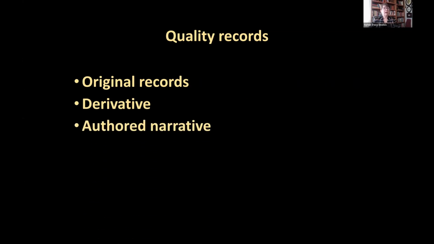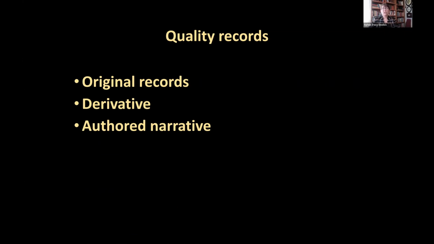So we always want to think about the quality of the records that we are researching. We want to look for original records whenever possible. We want to also look at derivative records because they can be very accurate and very helpful. And we want to look at authored narratives. An original record covers things like census, birth, marriage, and death certificates.